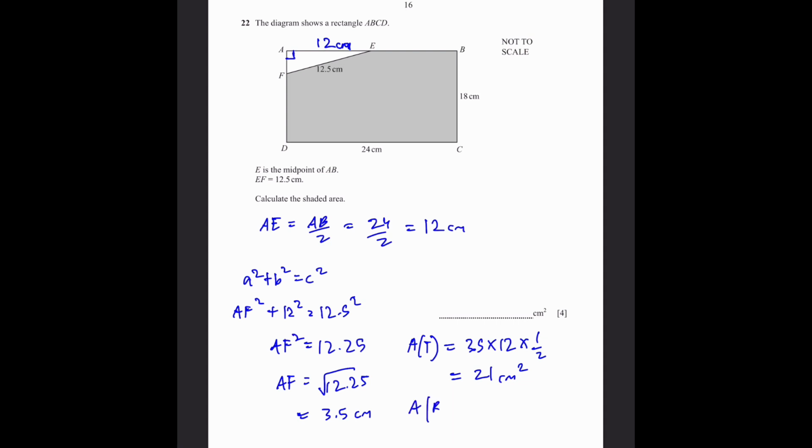The area of the rectangle is equal to 24 times 18, which is 432 centimeters squared. And now the shaded area is equal to 432 minus 21, which is equal to 411 centimeters squared. That's the answer.